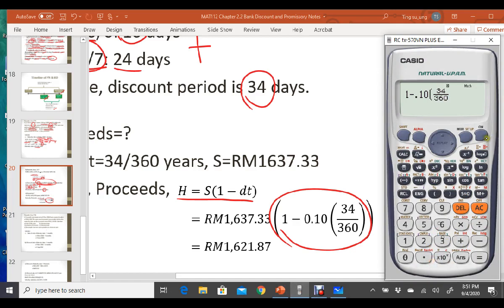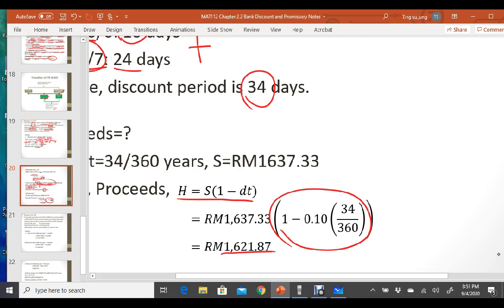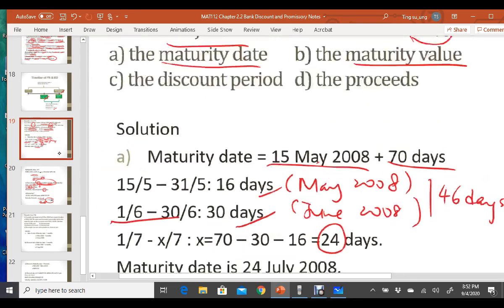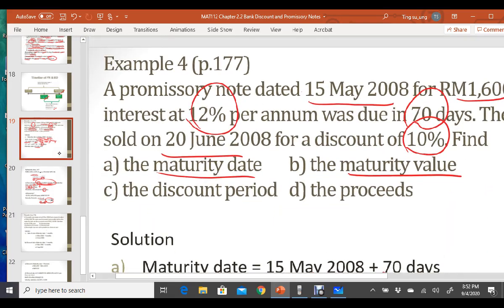Again, using Banker's rule, so 360. So you have your answer. Then multiply with 1637.33. So you got 1621.87. Do round it off to two decimal places, and don't forget to put your RM sign. Okay, so that's it for example 4. Thank you.